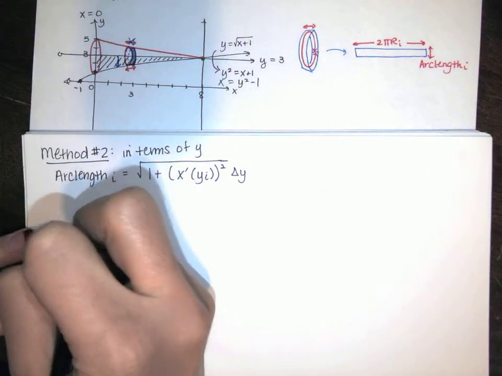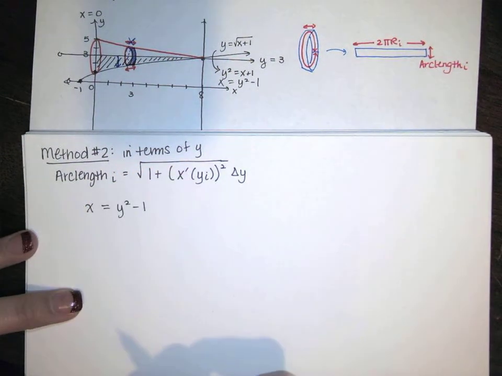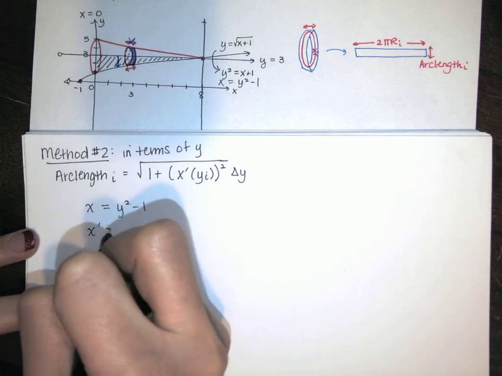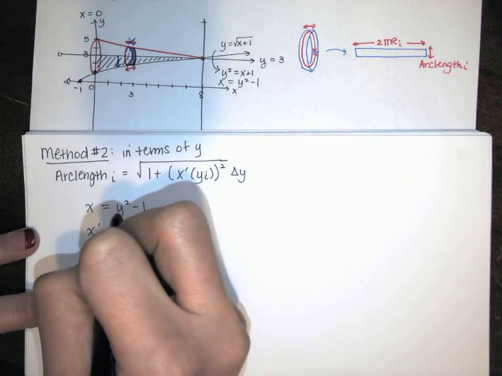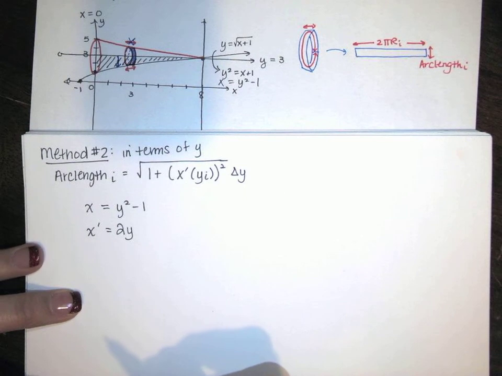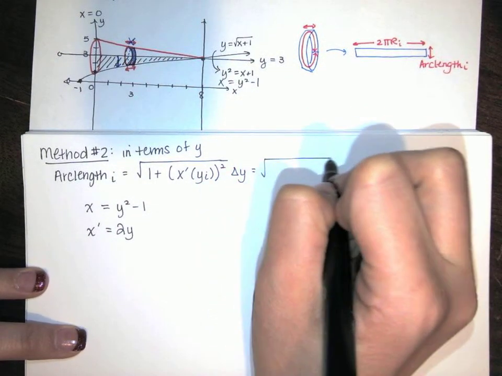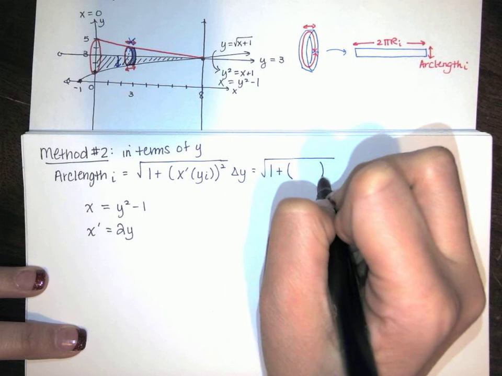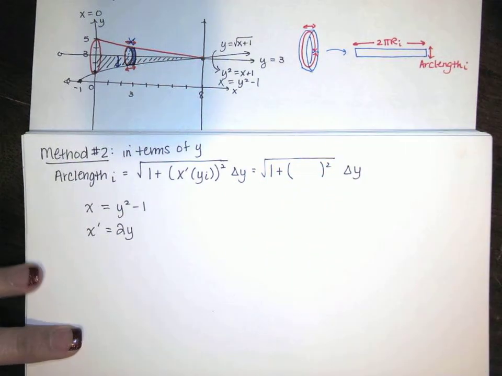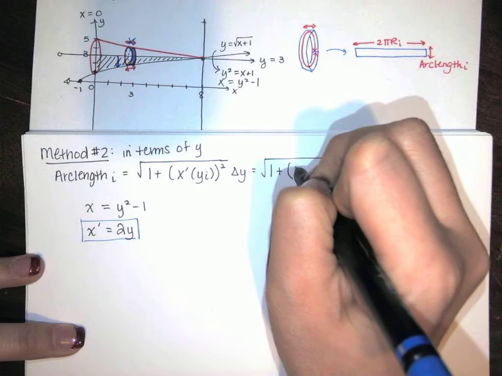All right, that's cool. That's an easy derivative. In terms of y, the derivative of y squared is just 2y, derivative of 1 is just 0. So my arc length, if I substitute that in, gets 1 plus the derivative squared times delta y. My derivative is right here, so that's 2y.